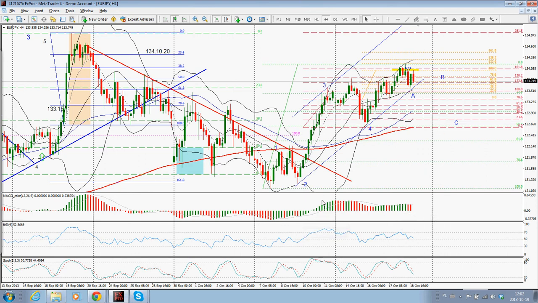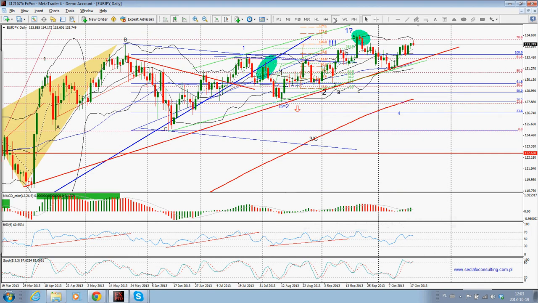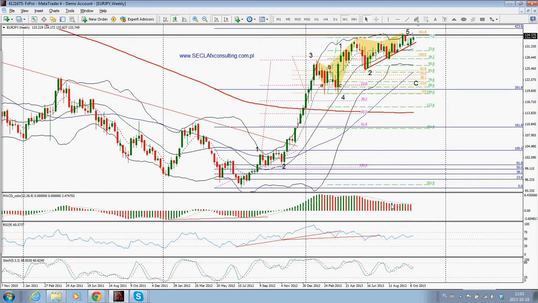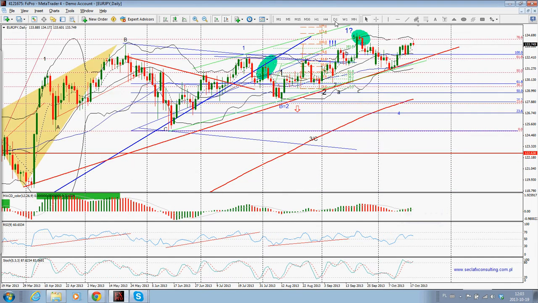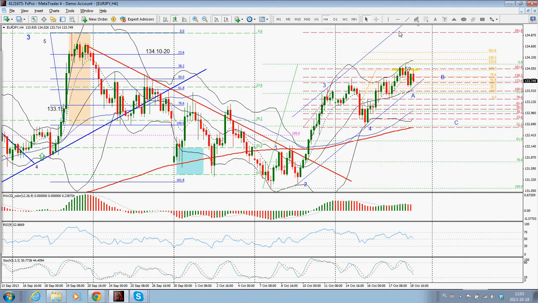We've got the MACD going through the 0 line and having those tops above the 0 line, so this is a positive sign, and we are over the 0 line on the higher time frames as well. As I mentioned at the beginning, we may have a new top and a divergence on a weekly chart. So there is still time to develop. The market has to mature. That's how I can analyze it and describe it.